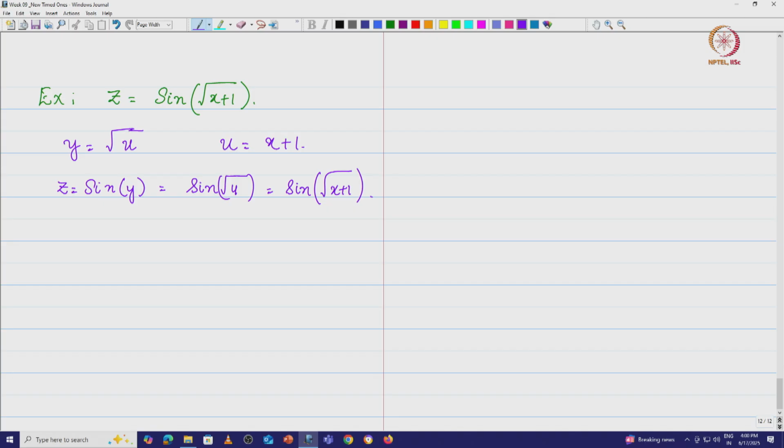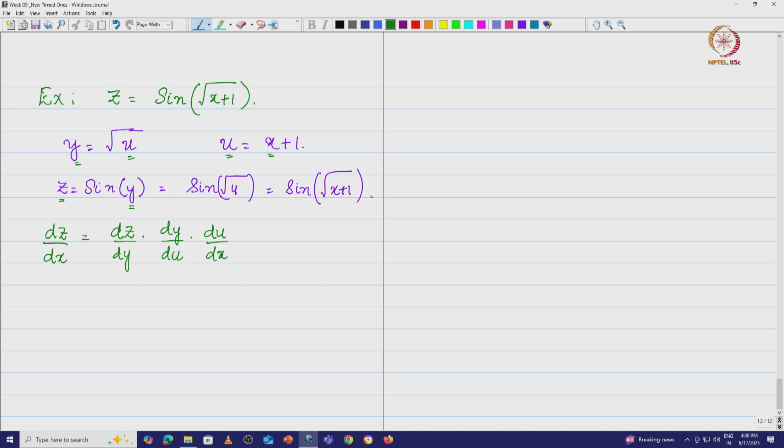So, now what I want to do is figure out what is dz by dx. Ultimately, it is all a function of x. dz by dx is basically, z is a function of y, y is a function of u, u is a function of x. So, I am going to have dz by dy into dy by du into du by dx. Ultimately, you get your dz by dx.